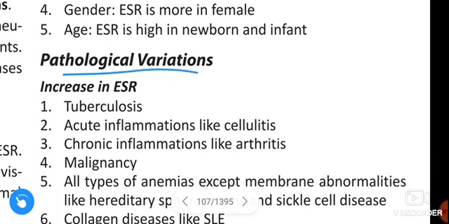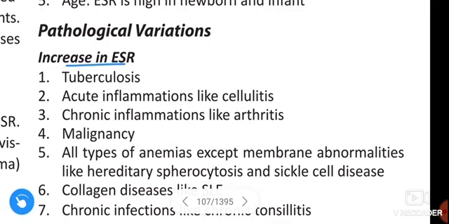Next, pathological variations. What are the pathological variations that increase the erythrocyte sedimentation rate?